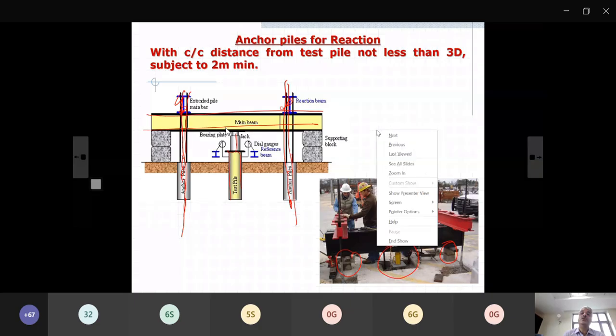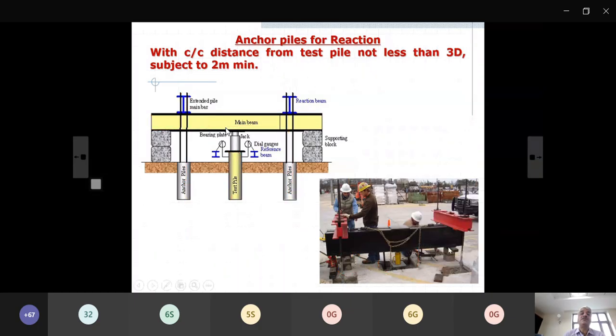So you have to cast or construct two anchor piles. In this case, the center to center distance from the test pile should not be less than 3D or a minimum of 2 meters. It should be more than 2 meters or more than 3D. Otherwise, the capacity of this pile will start interfering with the capacity of this pile. So you can put anchor piles.